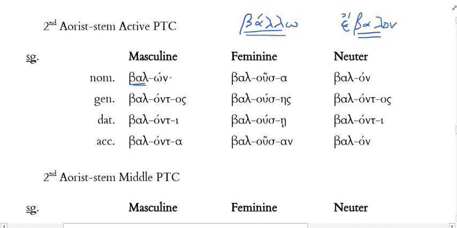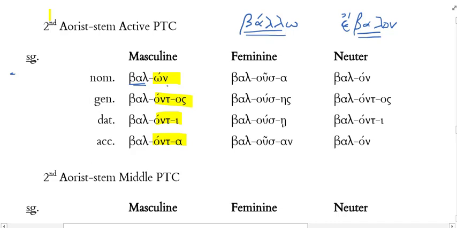And so if you look very carefully at all these endings here, they look just like another participle that you've already learned. What do they look like? The present active participle. Think luo becomes luon, luontas, luonti, luonta, right? So the second aorist active participle is going to look just like the present active participle, the only difference being which stem I'm using.